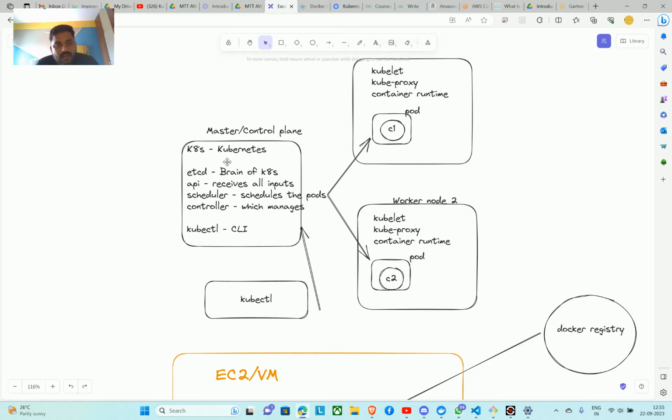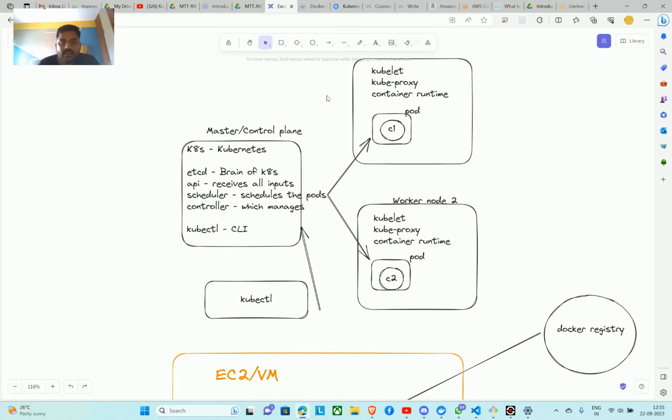Now if you observe the diagram here, the Kubernetes architecture consists of a master or control plane and the worker nodes. And these worker nodes act whenever they receive any input from the master. So how do they receive it? They receive any input through the API server.